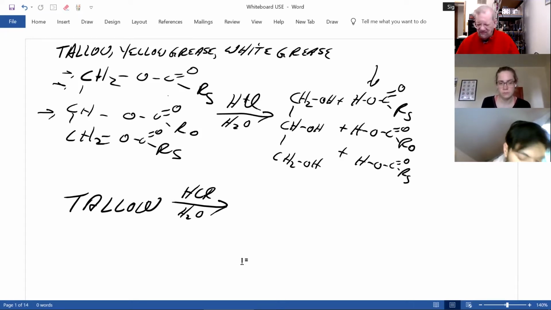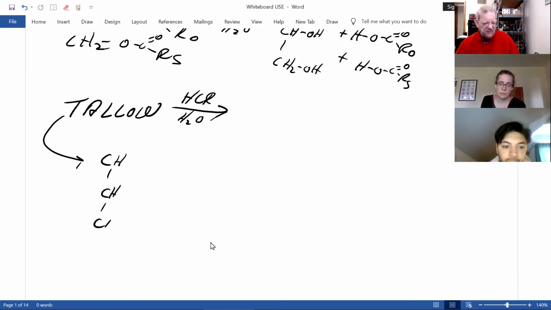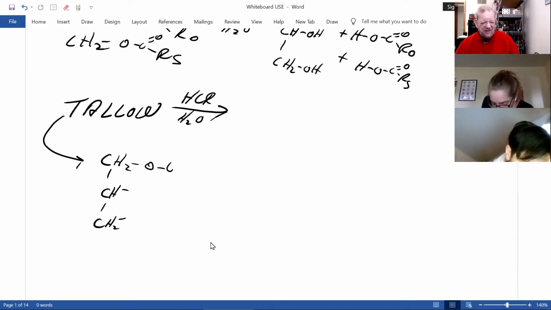Well, tallow, you now know, has this structure. Now you could also have two oleic acid groups and one stearic acid group. But I like to do this because my little joke, SOS, helps students remember.